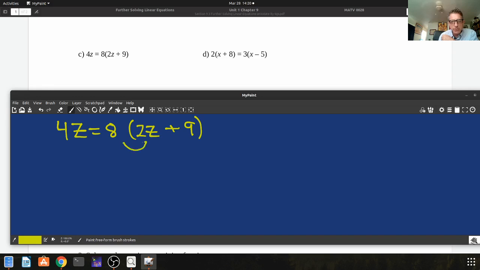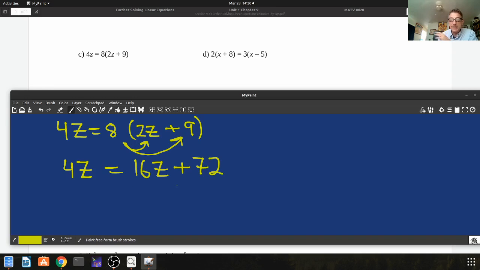I'm going to use distribution here. So 4z on the left-hand side just stays put. Can't simplify that. But 8 times 2 times z is 16z. Why? Because 8 times 2 is 16, and 16 times z is 16z. And 8 times 9 is plus 72.